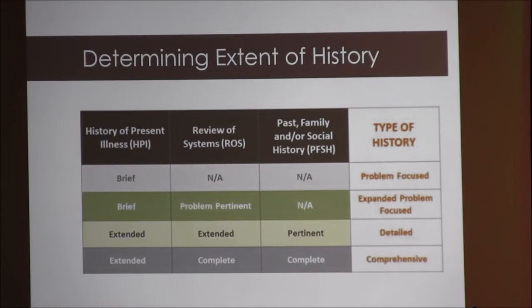On a repeat patient, on a follow-up, two of the three need to be met. So if you have a really good history of presenting illness and you've done a good review of systems and you have a little bit of past family and past social history, that will work to bill at a high level, a high code for a follow-up patient. But for a new patient, it should be comprehensive.